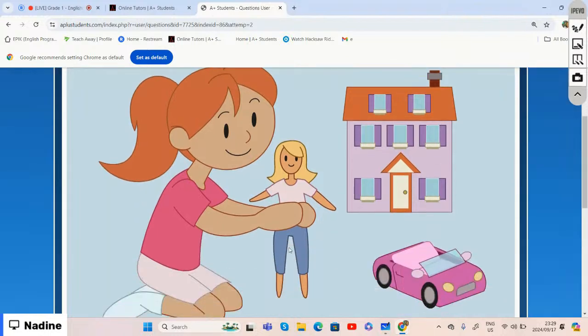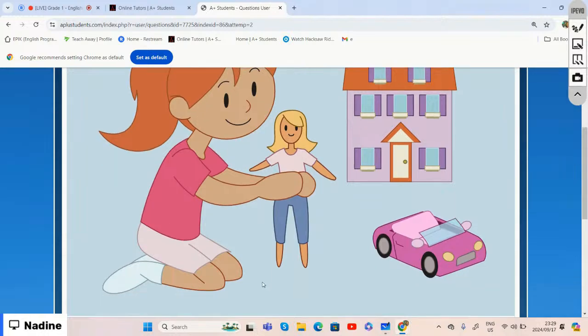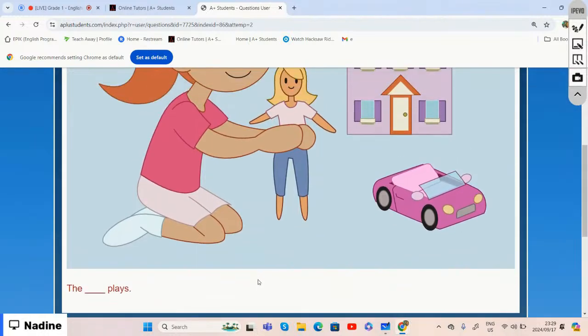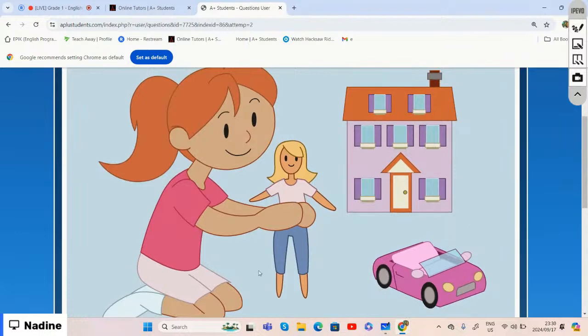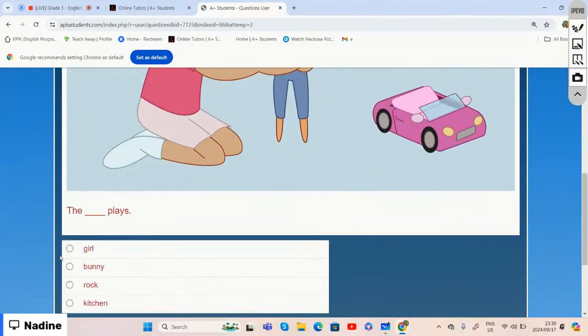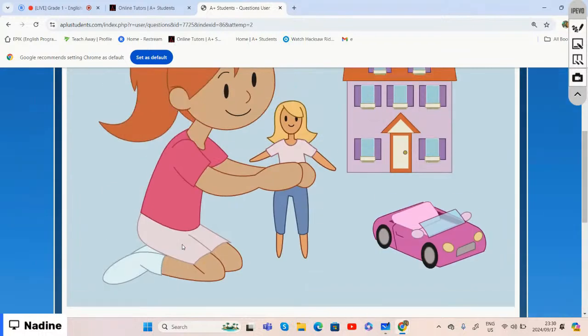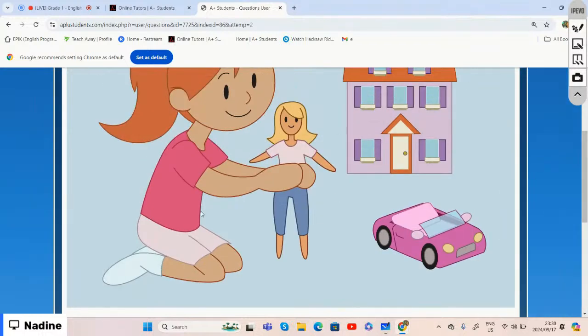All right. So now we need to complete the sentence to match the picture. And if we look at the picture, look at all the things that you see. We have a girl, and then we have a doll, we have a playhouse, we have a car. It says the plays. Who plays? Who's playing with these toys?